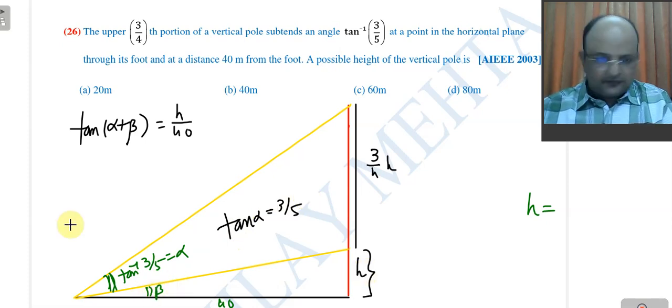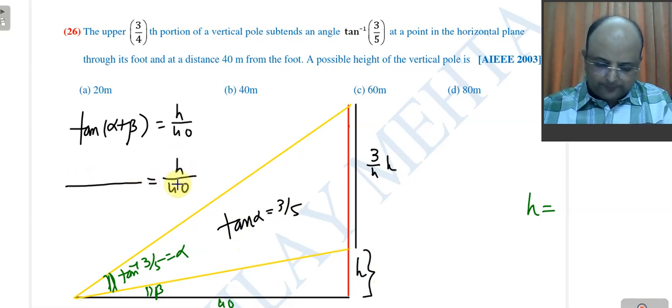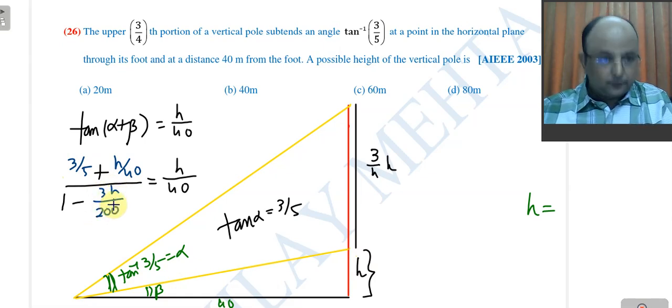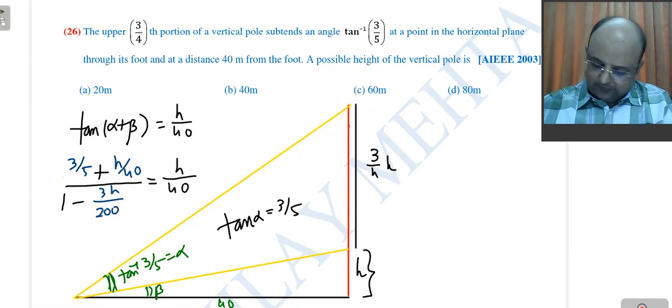I think it is calculative, but it is easy. This is h upon 40, equal to tan alpha plus tan beta upon 1 minus tan alpha tan beta. Tan alpha is 3 by 5. Tan beta is h upon 40. This is 3h upon 200. Hope you understand. Okay, then I want to find out h. We will remember this.